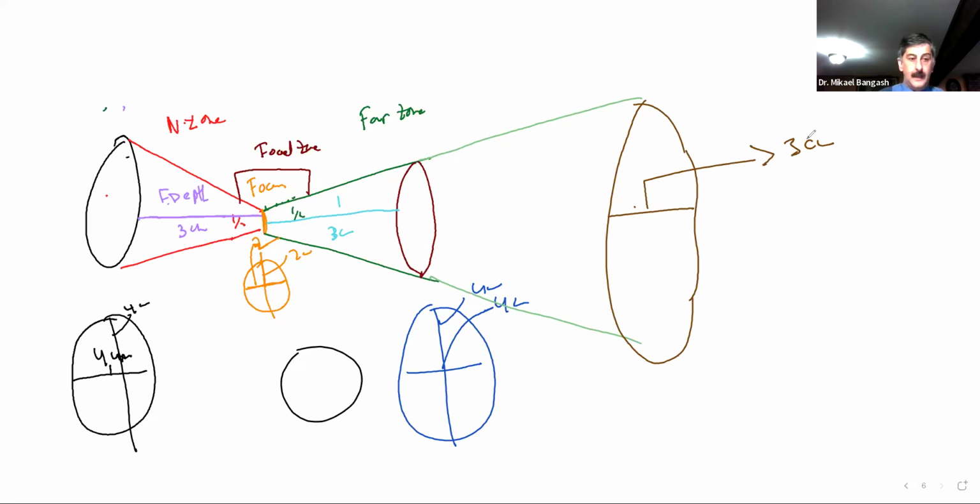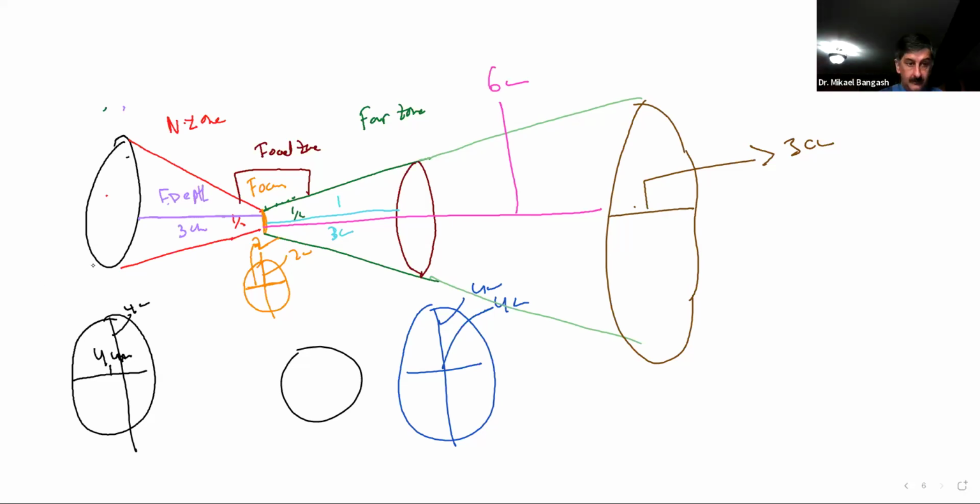Maybe this distance here, for instance, was 6 centimeters. Then most likely this diameter would be greater than, well, not 4 centimeters, 3 centimeters, sorry, I messed it up. Greater than 4 centimeters.